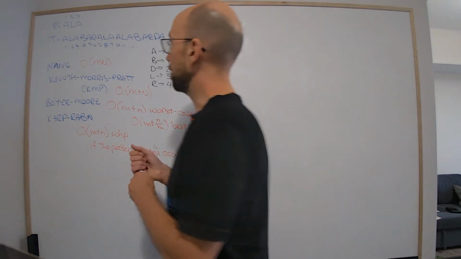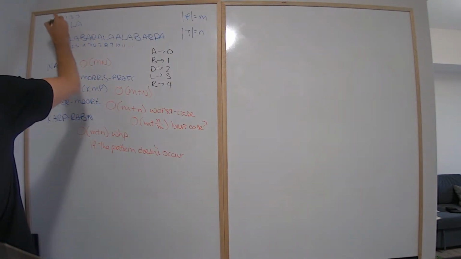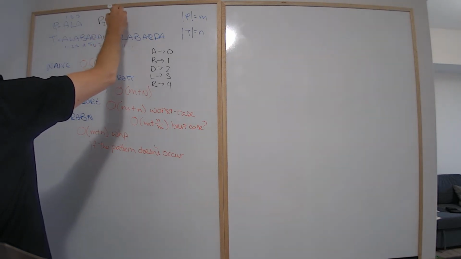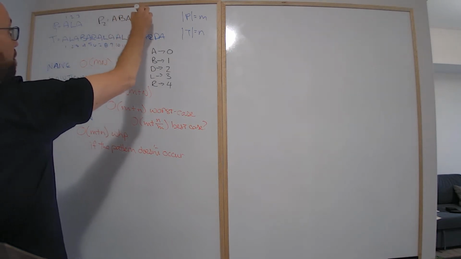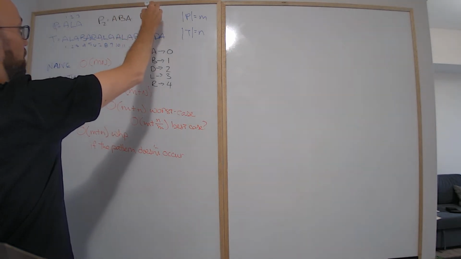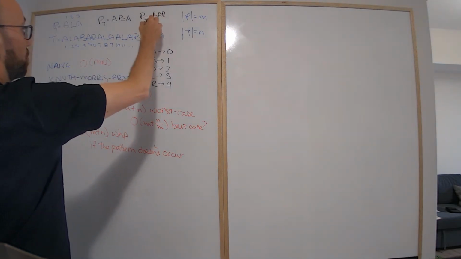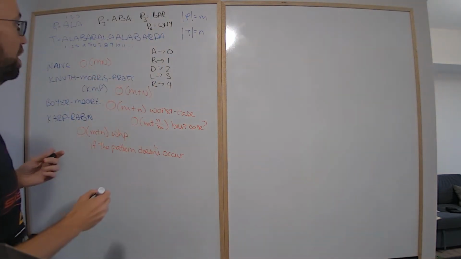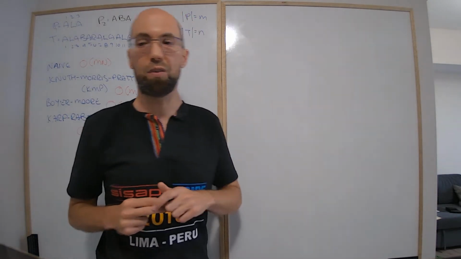So you have P1 equals ALA and P2 equals ABA and P3 equals BAR and P4 equals WHY. And P5 equals something else, and P6 equals bat, and P7 equals cat. And so now you want to make one sweep over the text and figure out if there are any occurrences of these patterns in there.